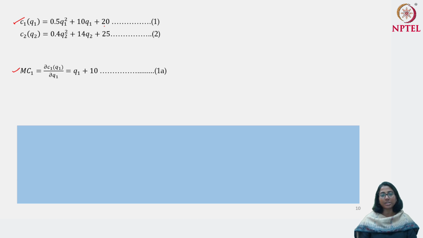Now you may also notice that when I write a cost function in this manner, this 20 is the cost which does not vary with the level of output. So basically 20 is the fixed cost of production. When I calculate the marginal cost, this fixed cost 20 has no role to play. It is only the variable part that plays a role in determining the marginal cost.